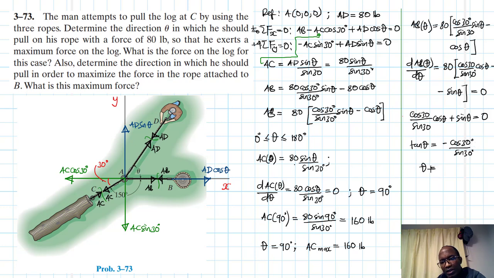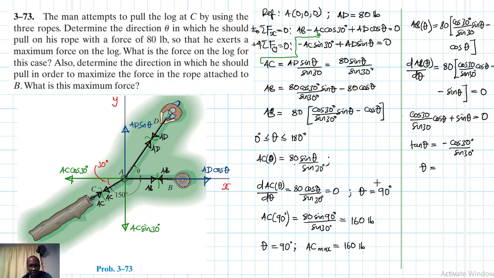Therefore, theta is tan inverse of that, which is minus 60. But our interval, we said theta is from 0 to 180. So we need to add it to 180 so that we get the interval.